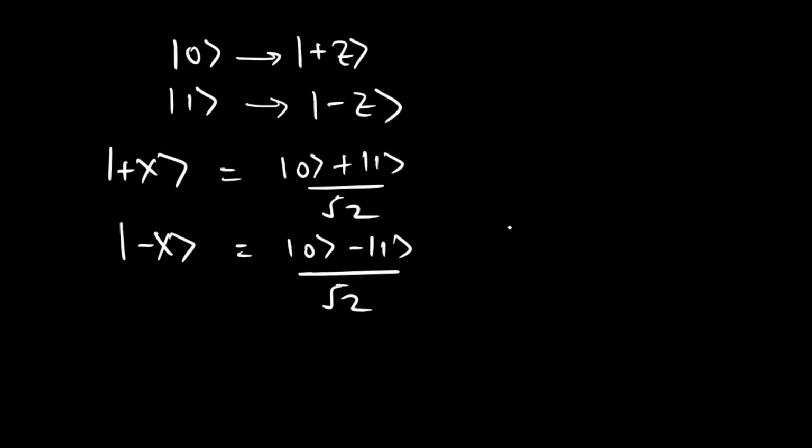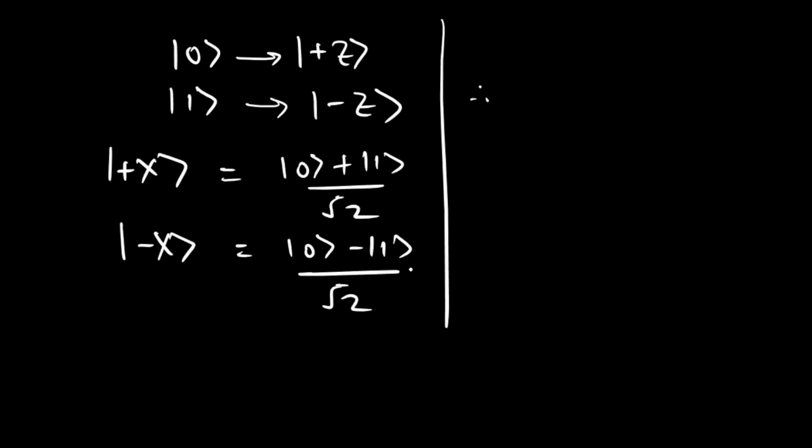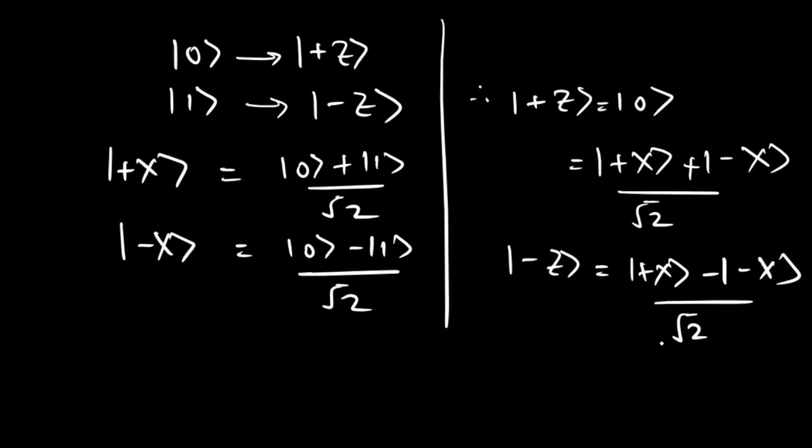Conversely, we observe from the second and third apparatus that plus z and minus z are also equal portions of plus x and minus x states. Therefore, plus z, which is the 0 state, can be written in terms of equal portions of plus x and minus x, which would be (plus x plus minus x) by root 2, and minus z can be written as (plus x minus minus x) by root 2, which would eventually give us the 1 state.